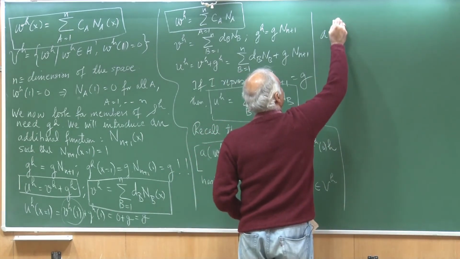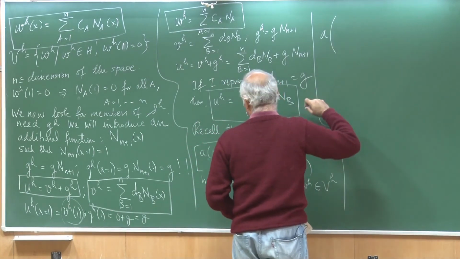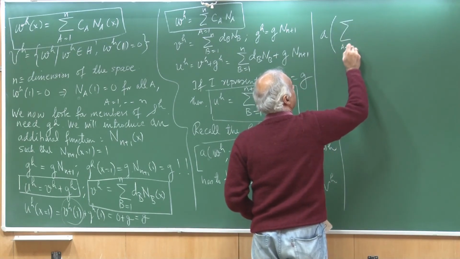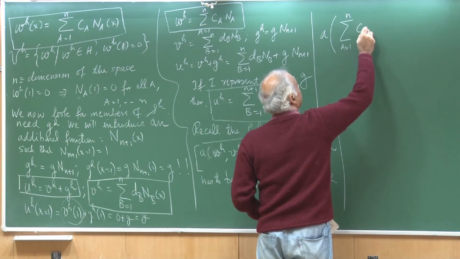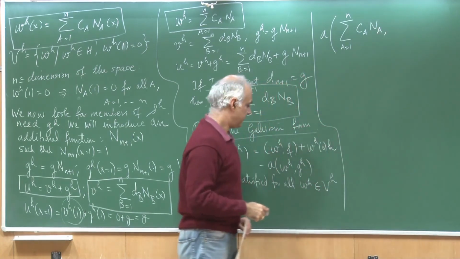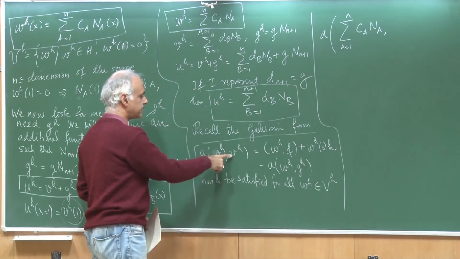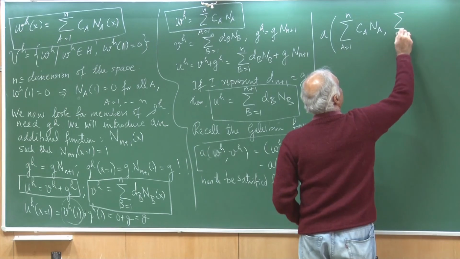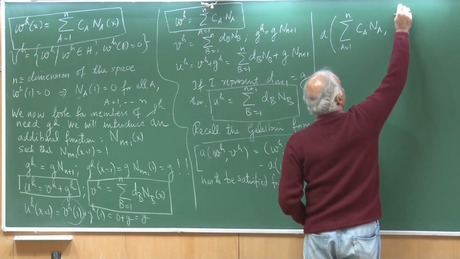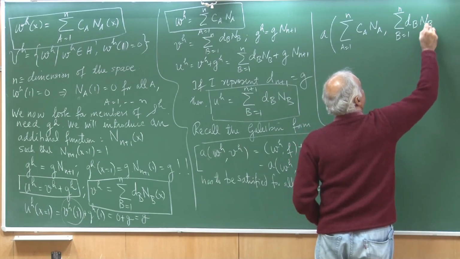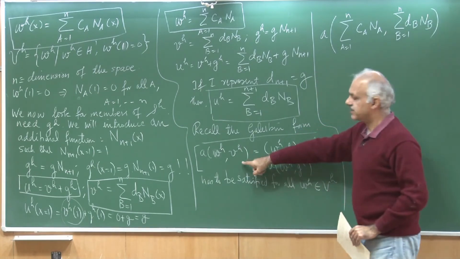So, let me write this down. A of, so WH is given as summation A goes from 1 to n CA NA. Okay. That is this first statement. For VH, I am going to write summation B goes from 1 to n dB NB. So, that is the first term.